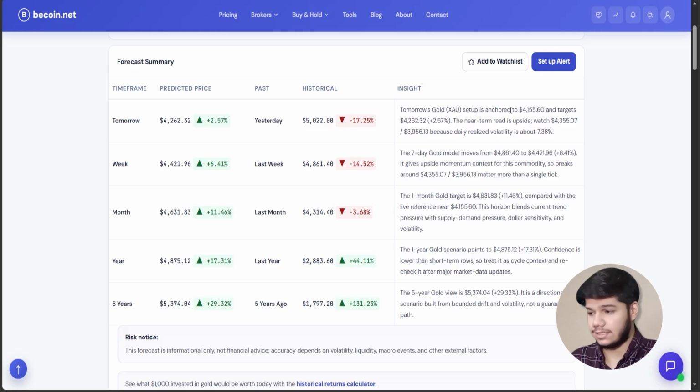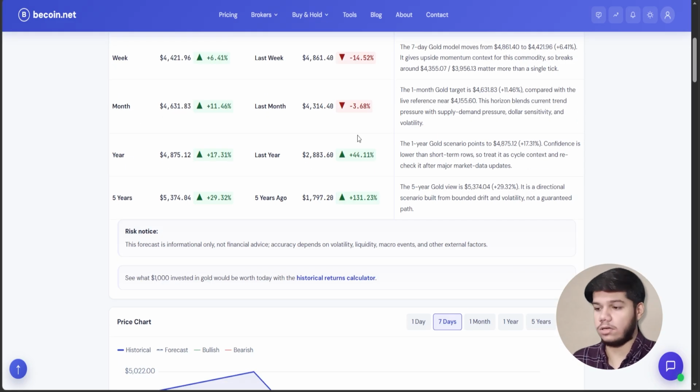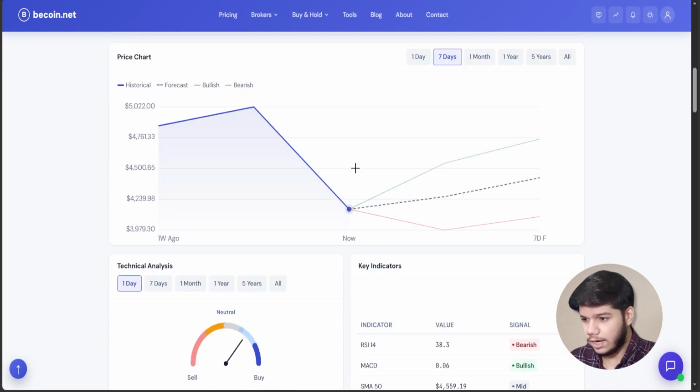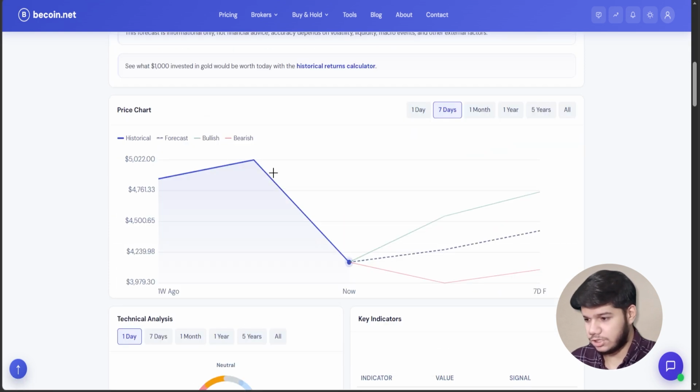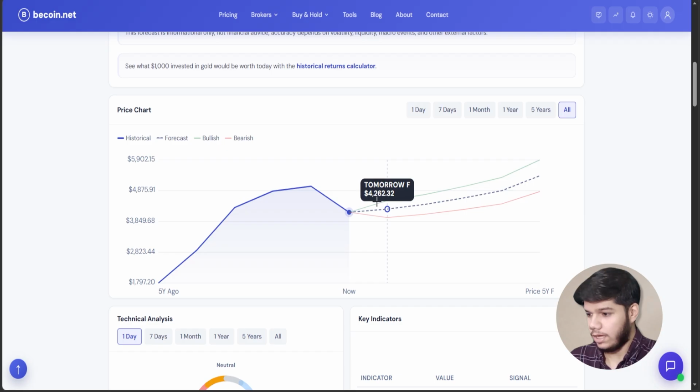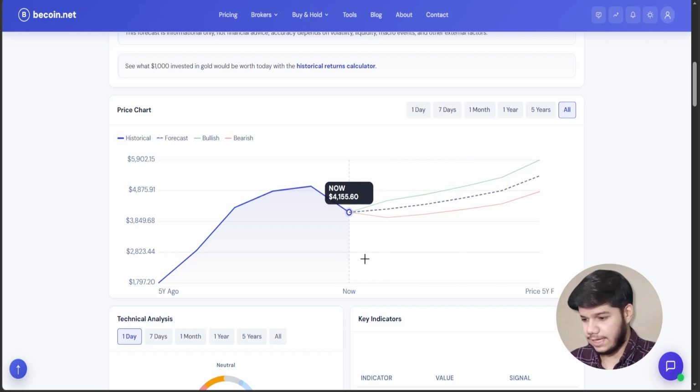The summary shows what the price could be tomorrow, weekly, monthly, or yearly. If you are a long-term trader, swing holder, or positional trader, you can go for yearly positions as well. Here you can see the historical price chart for daily, 1 month, 1 year, 5 year, and all, along with their predicted prices.